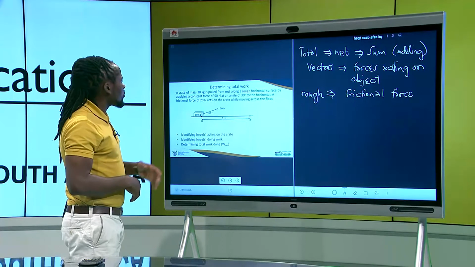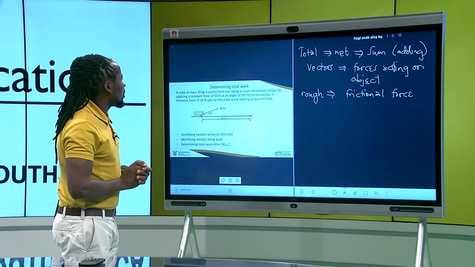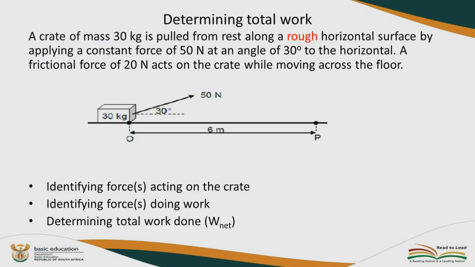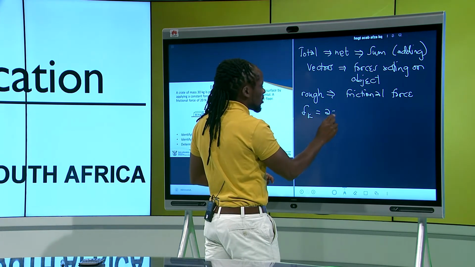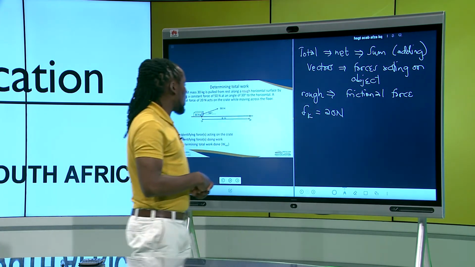The force acting on the object is 50 newtons, and it acts at an angle to the horizontal. A kinetic frictional force of 20 newtons acts on the object. Take that into account as well.